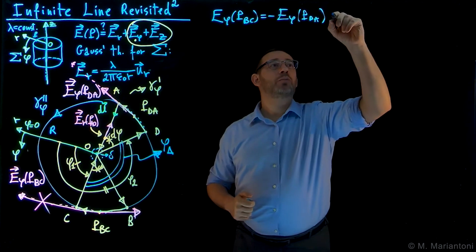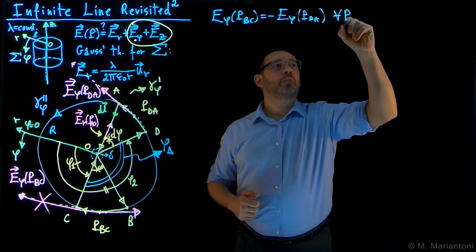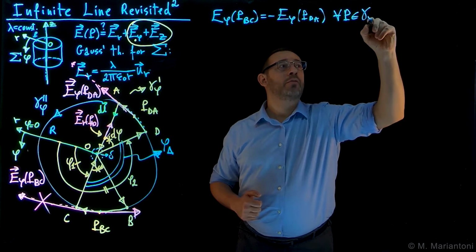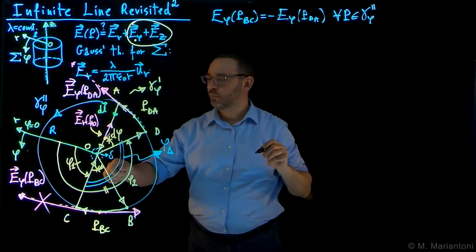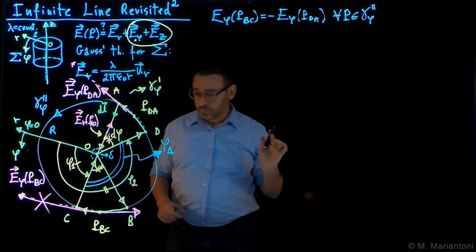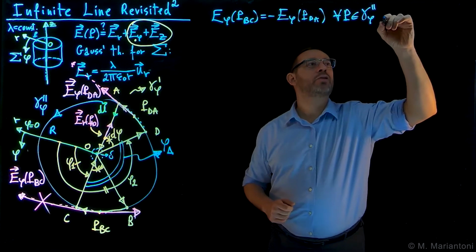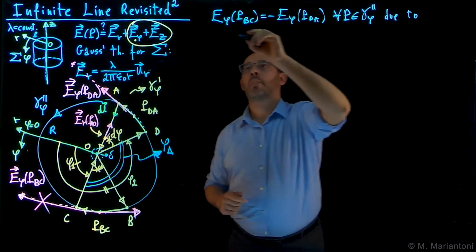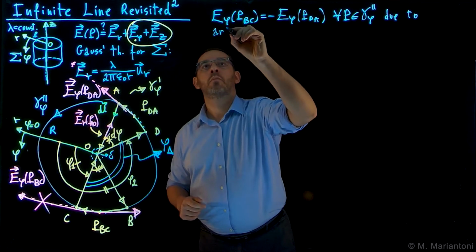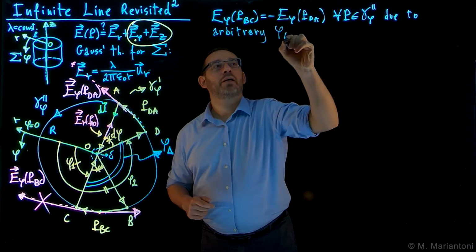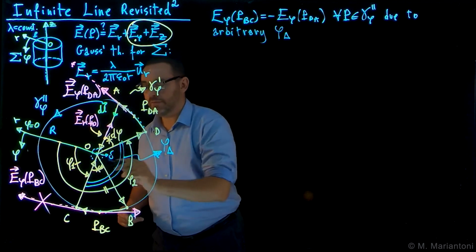So this has to be true for each point P on any line of the type gamma varphi double prime. Okay, it has to be true for any of those points due to the arbitrariness of varphi delta, this difference of angles.